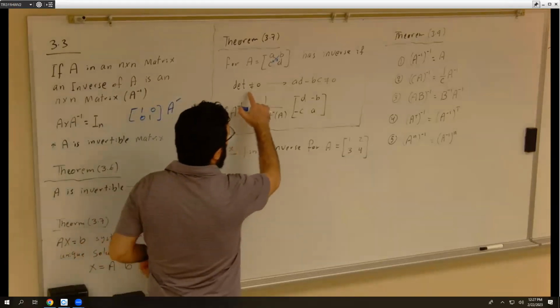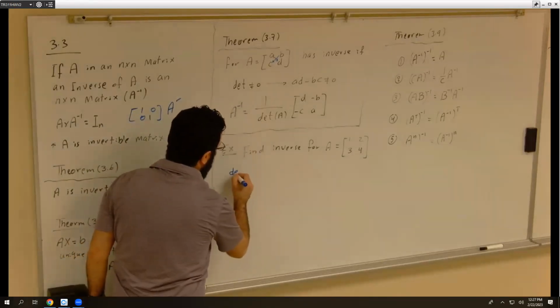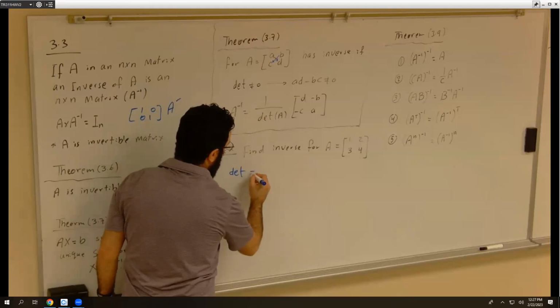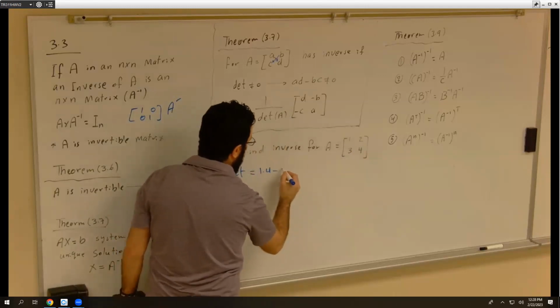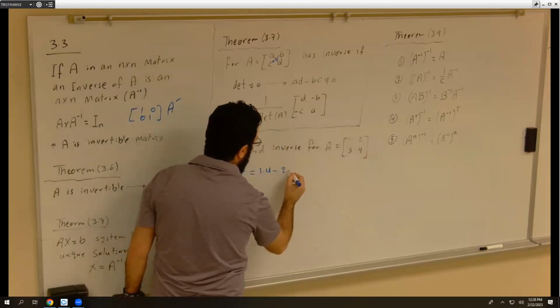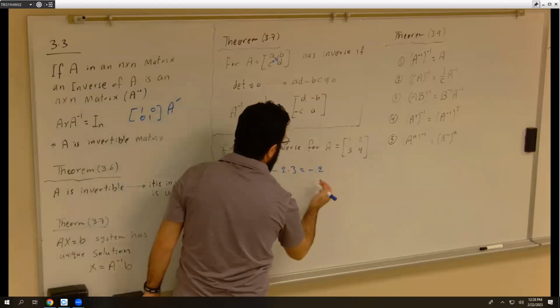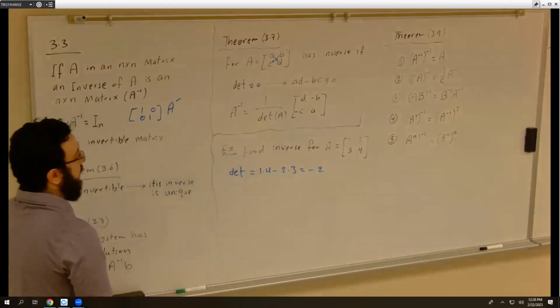So the first thing, I'm going to check the determinant for the matrix, which is equal to 1 times 4 minus 2 times 3. And it's going to be 4 minus 6, which is -2. Not equal 0, that means there is an inverse for the matrix.